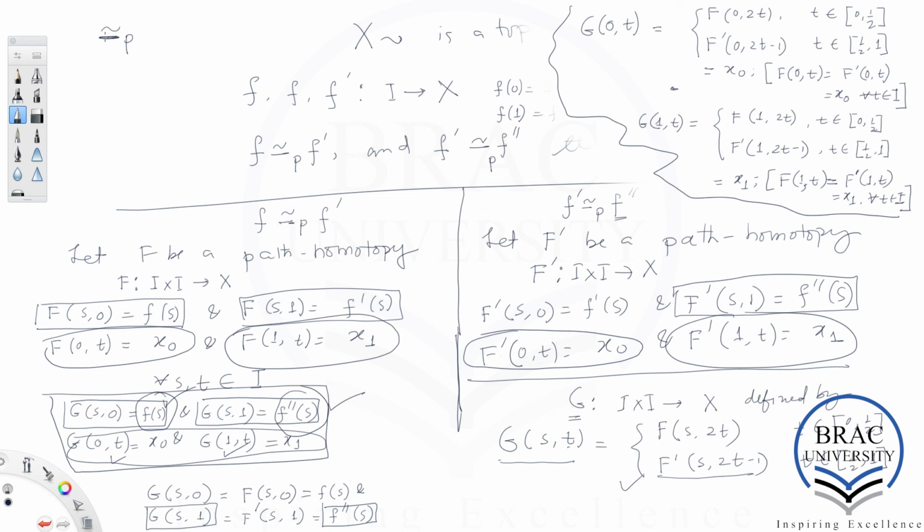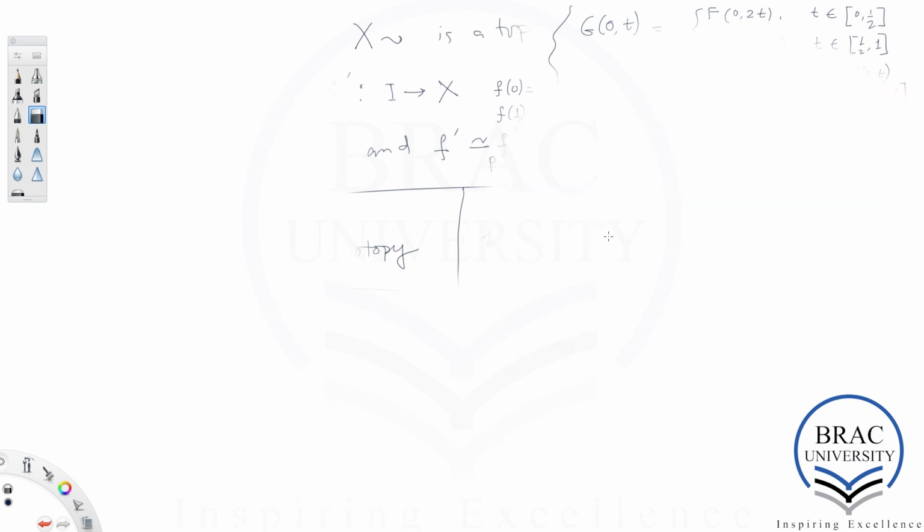Now a quick example of homotopy. We will close this segment with this example. Let f and g be any two continuous maps from a topological space X to R2.